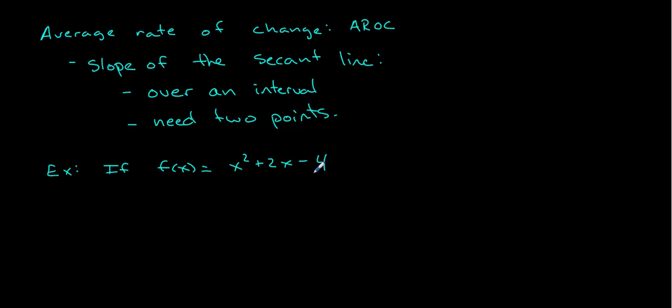If f of x equals some polynomial function, find the average rate of change. I'm going to say AROC, just for fun, average rate of change. Find the average rate of change over, and let's go, what's your favorite interval today? -2, 4.